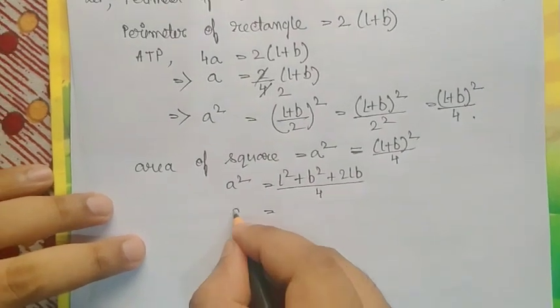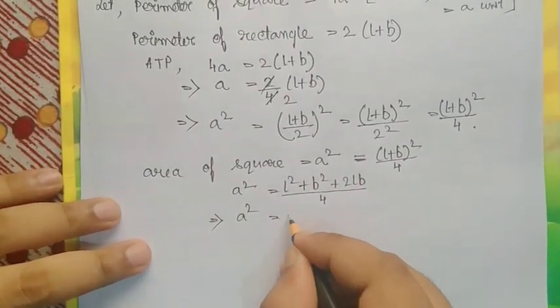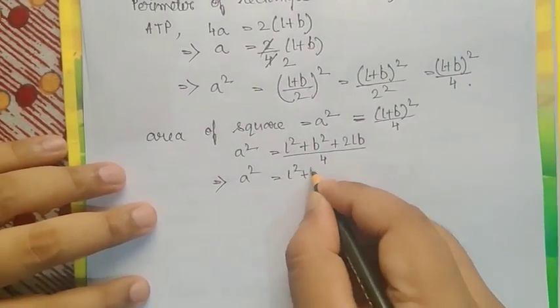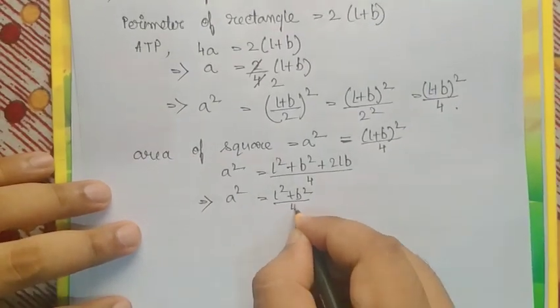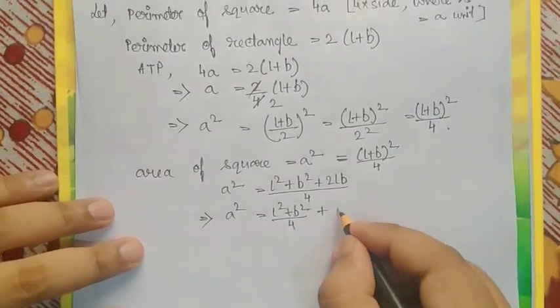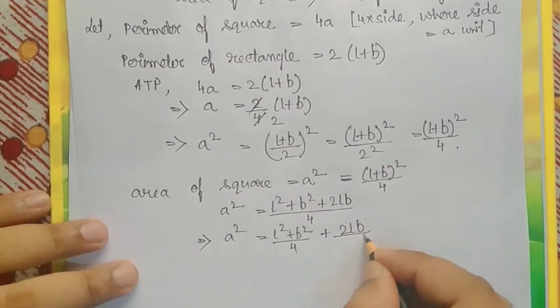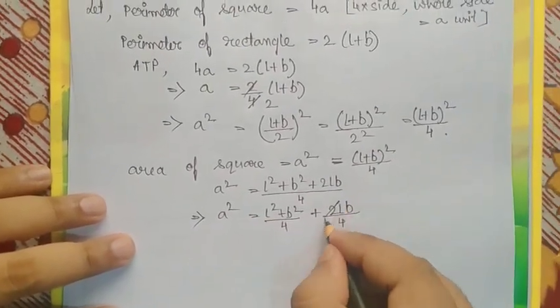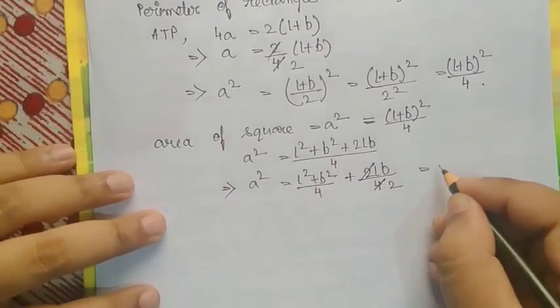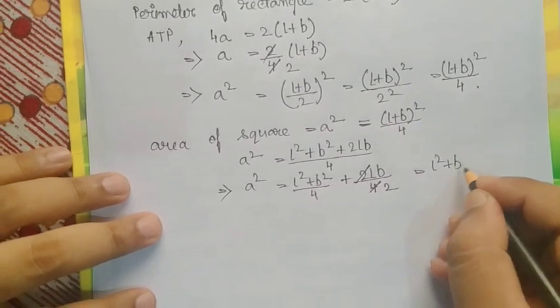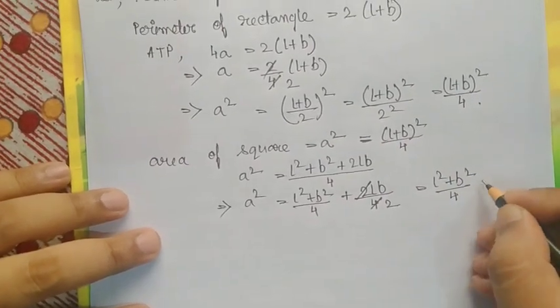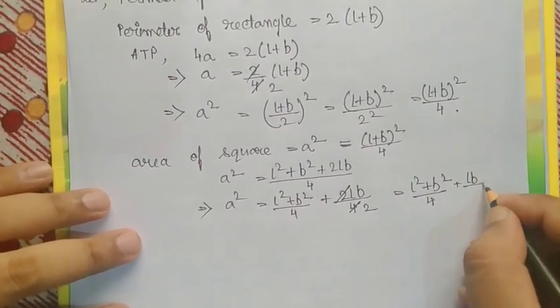If we break that once again, you can say that L square plus B square by 4 plus 2LB by 4. So you can say that L square plus B square by 4 plus LB by 2.